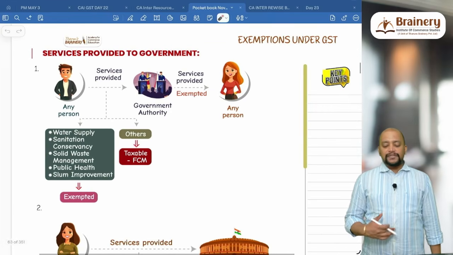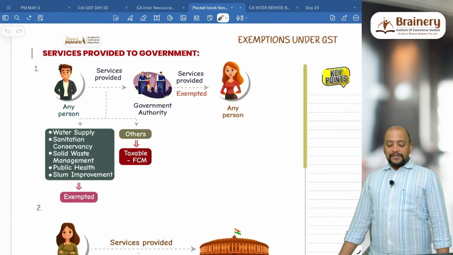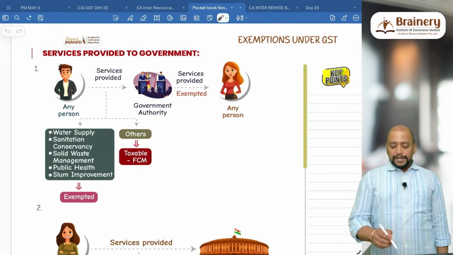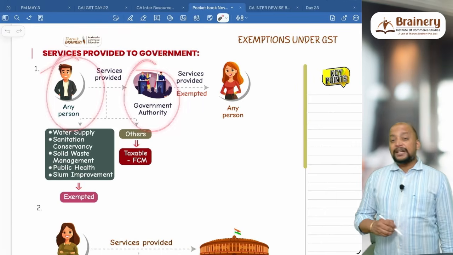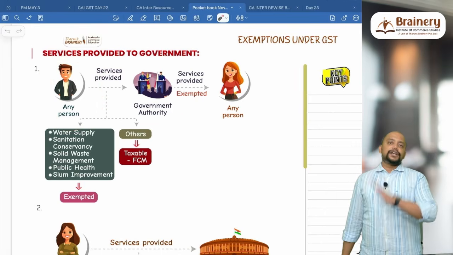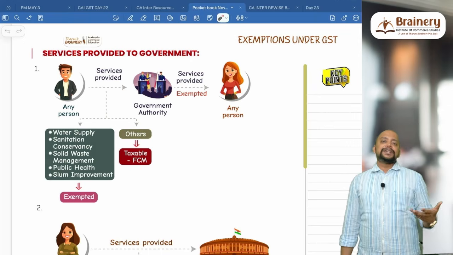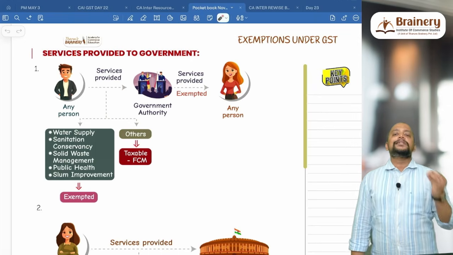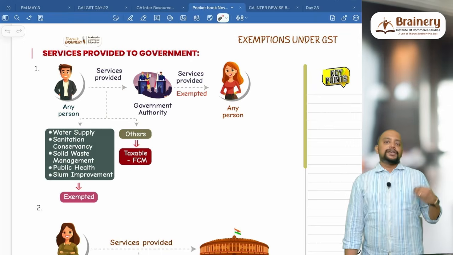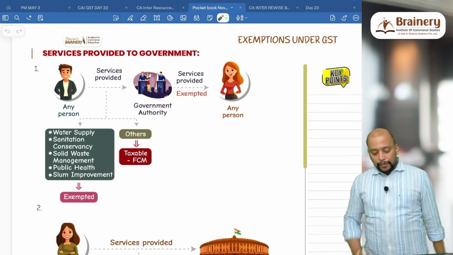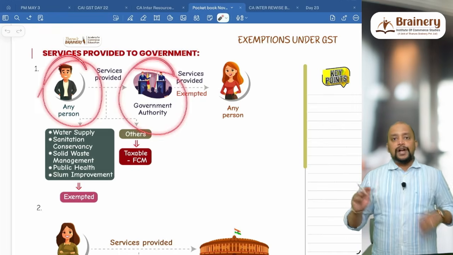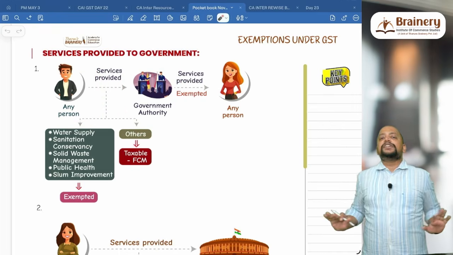Then when it comes to services provided to government, so any person providing services to the government authority. First is government authority. We already know government authority means authority established under an act of parliament or state legislature, or authority in which government is owning 90% or more. So any person providing service to government authority, just remember few activities are only exempted.